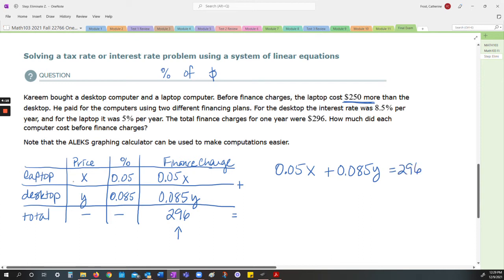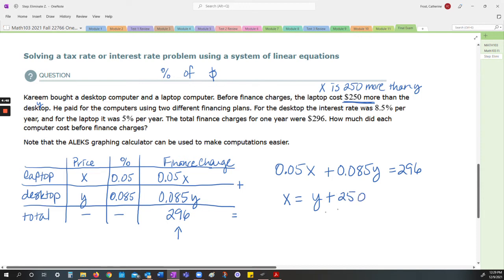So then our other equation is going to involve this 250. The laptop, that's our x, costs $250 more than the desktop. So x is 250 more than y. Or to me, it makes sense to write that x equals y plus 250, or 250 plus y.